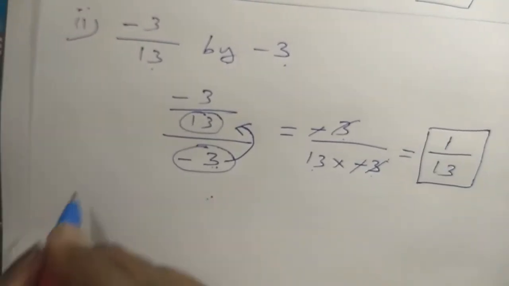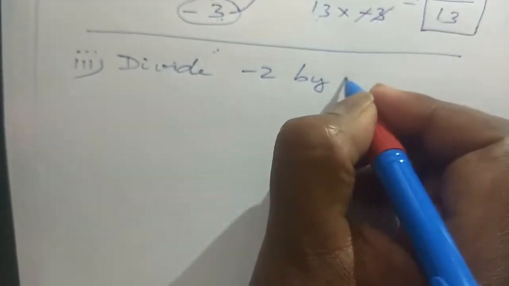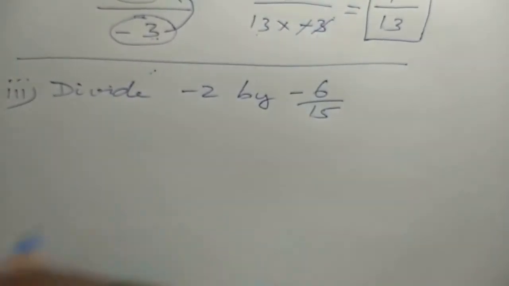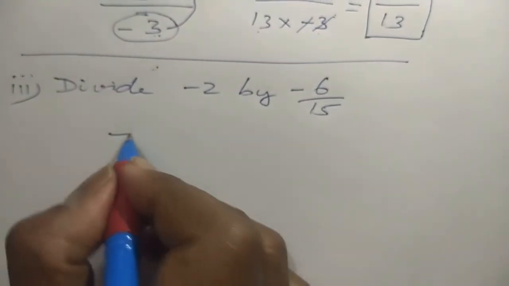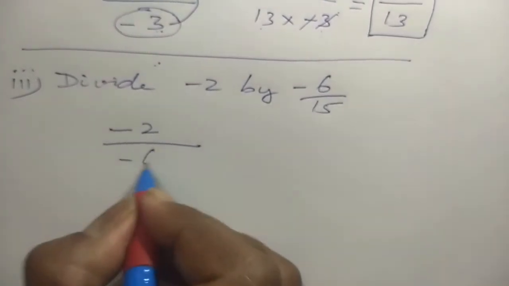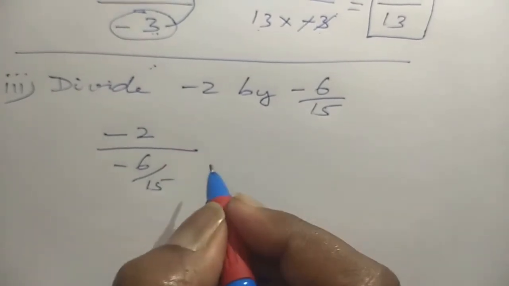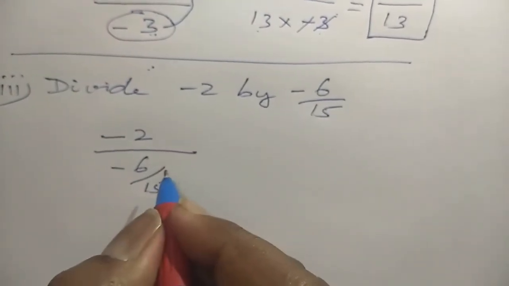Okay. Next we go for your third subdivision. Third subdivision is divide again. So divide, what is that, is minus 2 by minus 6 by 15. So we straight away write this one as it is, minus 2 by minus 6 by 15. Already told how we can put this one.